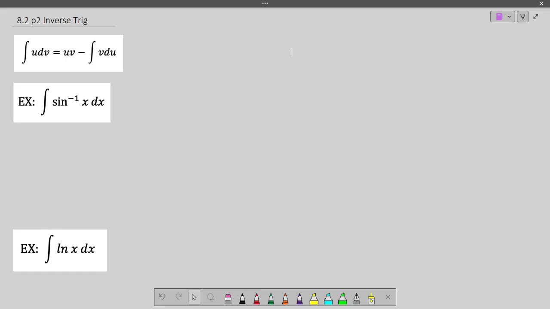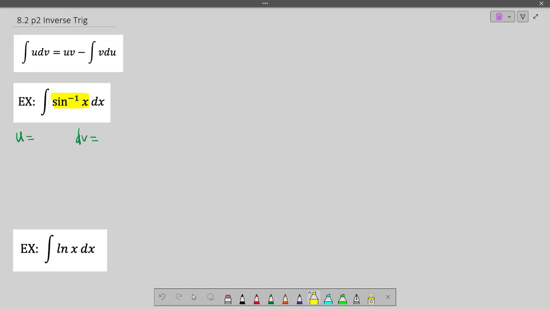We don't know an antiderivative for either of those. So integration by parts, it turns out, also works really well for some of these more obscure functions. So let's try this one. Once again, we want to separate the integrand into a u and a dv. And when we look at this integrand, there's only one function there.